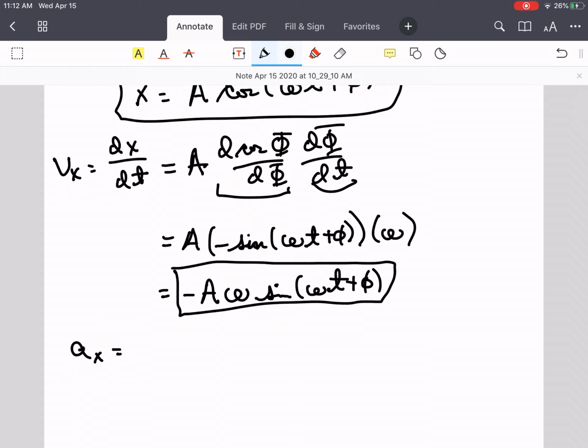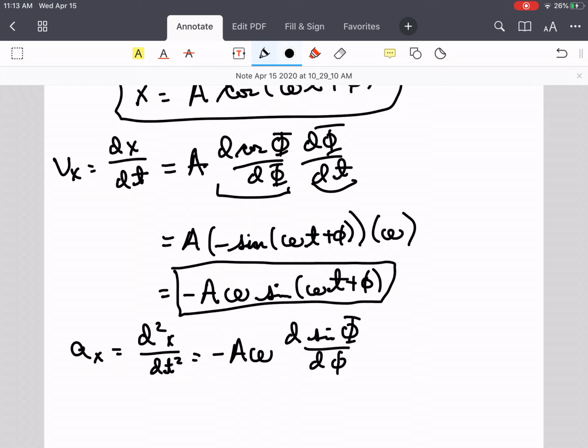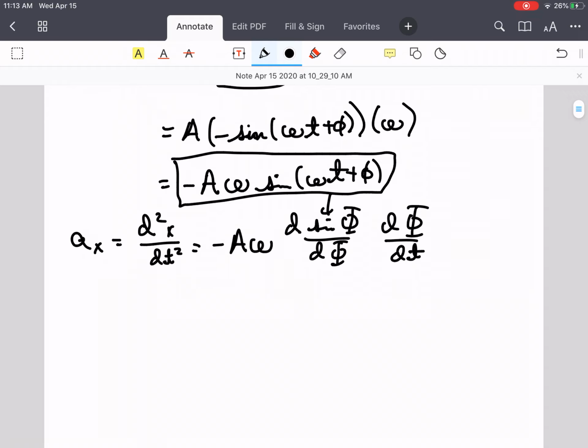The acceleration in the x direction is the second derivative of x, or the first derivative of velocity. So again, that's pretty straightforward. That's negative A times omega, those are constants, they factorize, times the derivative of sine capital phi with respect to phi. That's this guy, take a derivative, times d phi/dt. The derivative of sine is cosine.